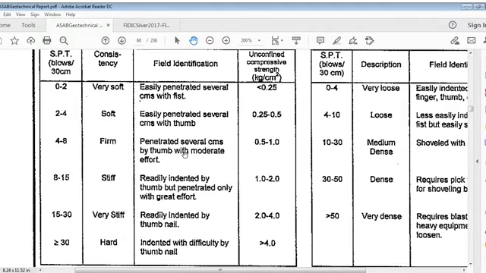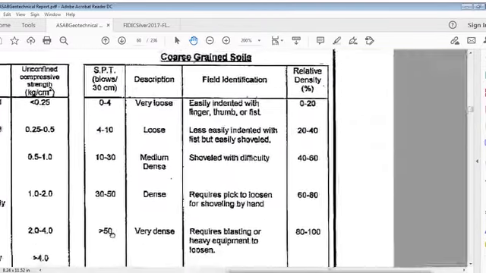And then the last one is more than 30. Then 30 to 50 is much more than even double, approximately 3.5 times, and greater than 50 is even more. So there's a lot of difference in that.